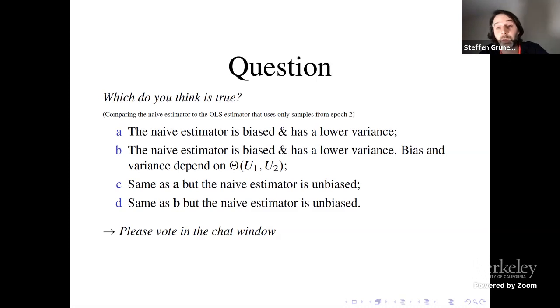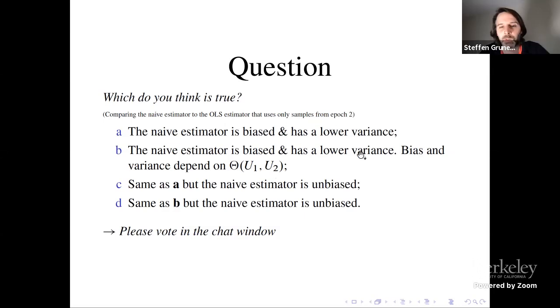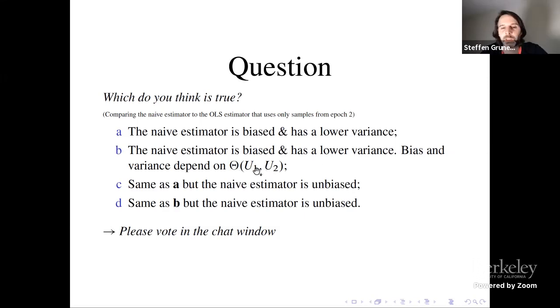It might also be natural to assume that this decrease in variance depends on the distance between the subspaces U1 and U2. So these are the choices: variance goes down and the estimator is biased; variance goes down and the decrease depends on the distance between the subspaces; the same two for unbiased. If you like, type these in the chat.